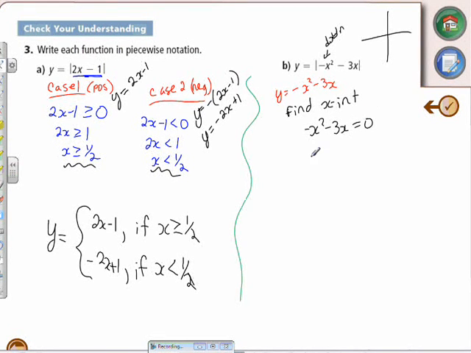Let's factor. We get, let's pull out a negative x, x plus 3 equals 0. So either x equals 0 or negative 3. So at 0 and negative 3 are where the x-intercepts are, and it's opening down. So that means if it's opening down, it had to have been up in between those two values.